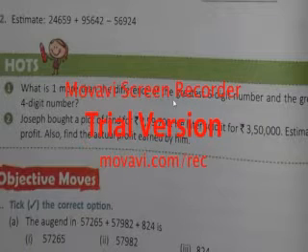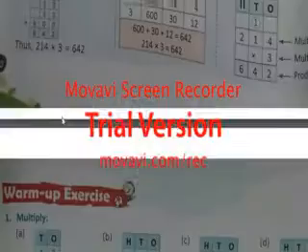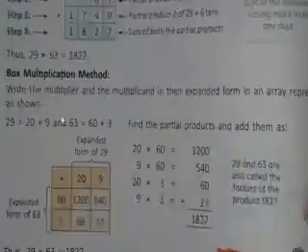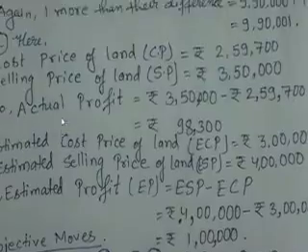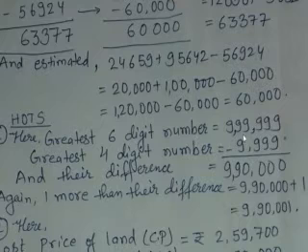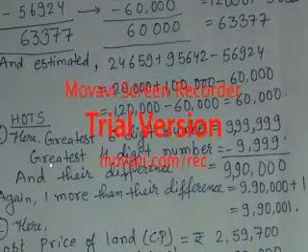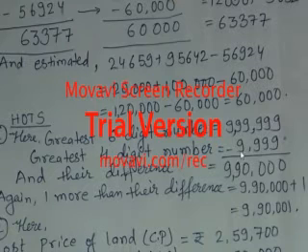What is 1 more than? The difference of the greatest 6-digit number and the greatest 4-digit number. So if you will see, same thing I had done. At first I had written, greatest 6-digit number is equal to 9,99,999, and greatest 4-digit number is equal to 9,999, and their difference becomes 9,90,000.